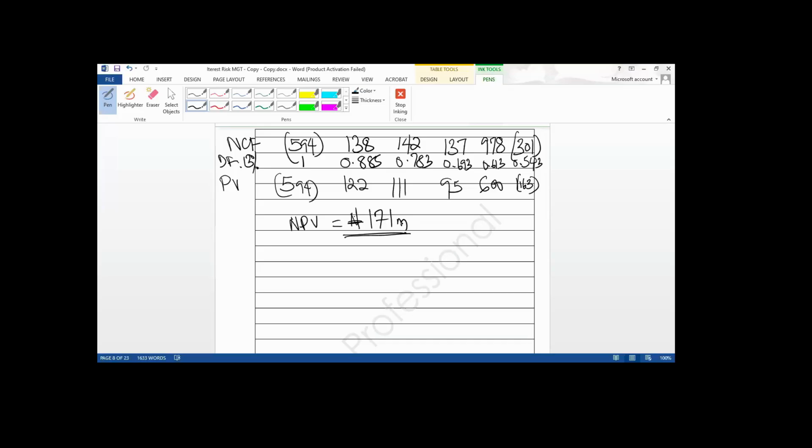Our evaluation shows that there is a positive net present value of 171 million. If other factors are constant, this project will be recommended for acceptance.